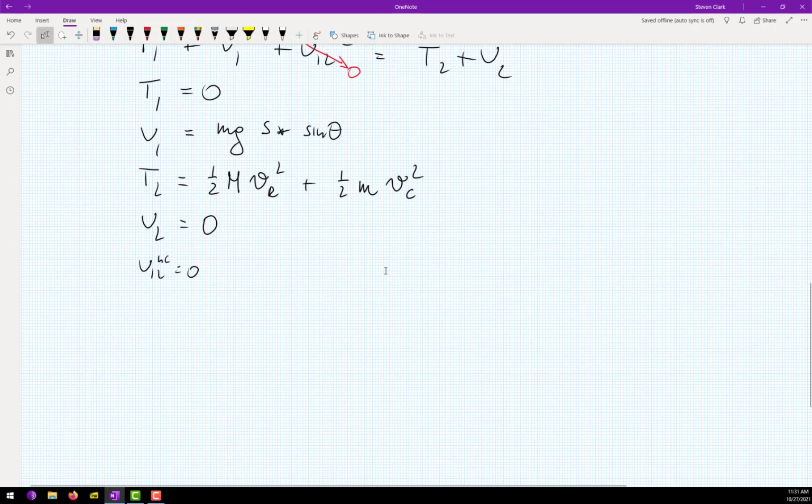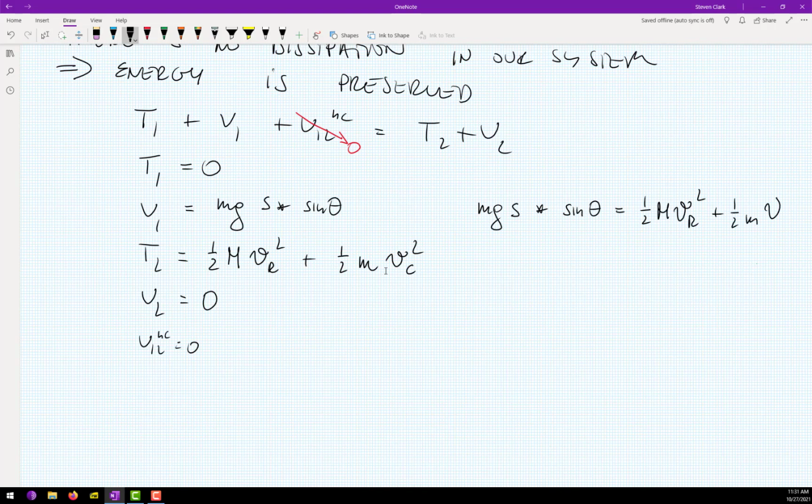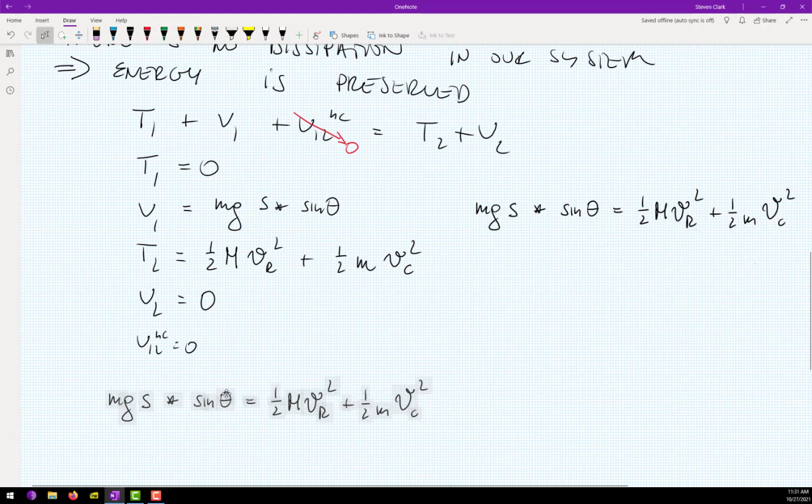Perfect. Let's plug everything back into our equation, and we'll end up with mgS times sine theta equal to 1/2 m V_R squared plus 1/2 m V_C squared.